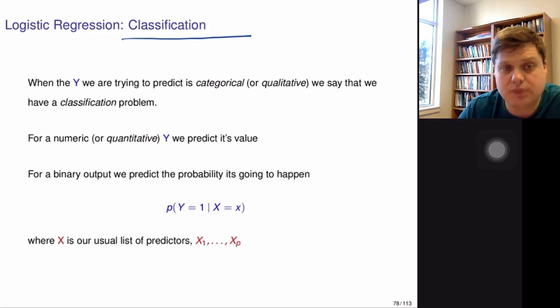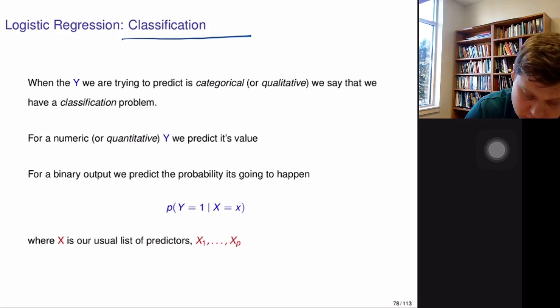Classification is the problem when we try to predict a value y which is categorical or qualitative, meaning that it takes some small number of possible values. The simplest case is 0, 1, which is called binary classification.